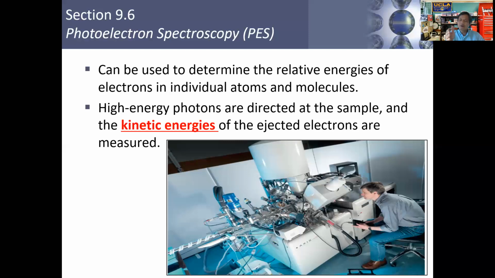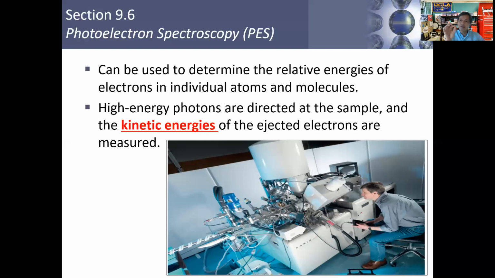Remember, with the photoelectric effect, if we shine a certain frequency of light onto a piece of metal and hit the threshold frequency, which is the minimum amount of energy needed, then the electrons on that metal get pushed out by the photon of energy that we put in. And they leave with a certain amount of kinetic energy because they are moving.